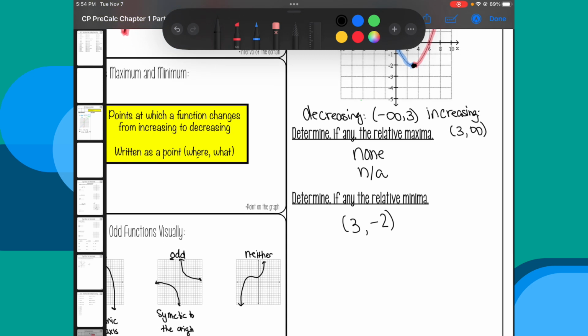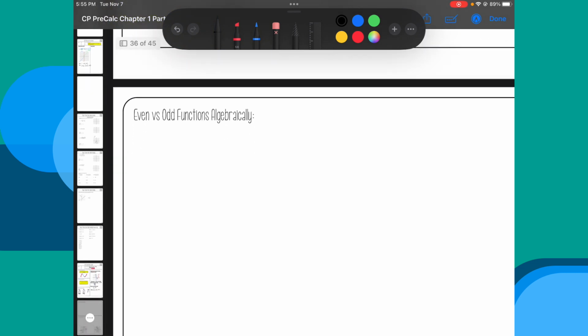We write this as min at x is equal to 3 of negative 2.